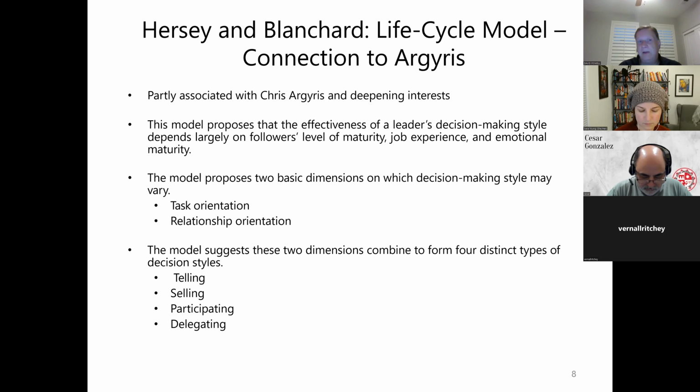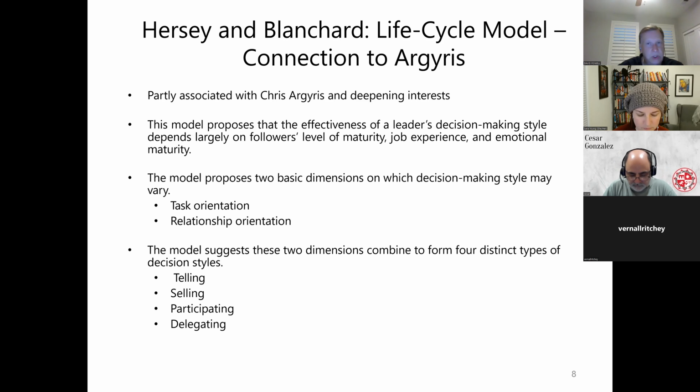This takes us right back to those two dimensions of the task orientation and relationship orientation. The farther someone is down the road in their maturation process, the more likely it is that you can focus more on relationships than you have to focus on tasks.